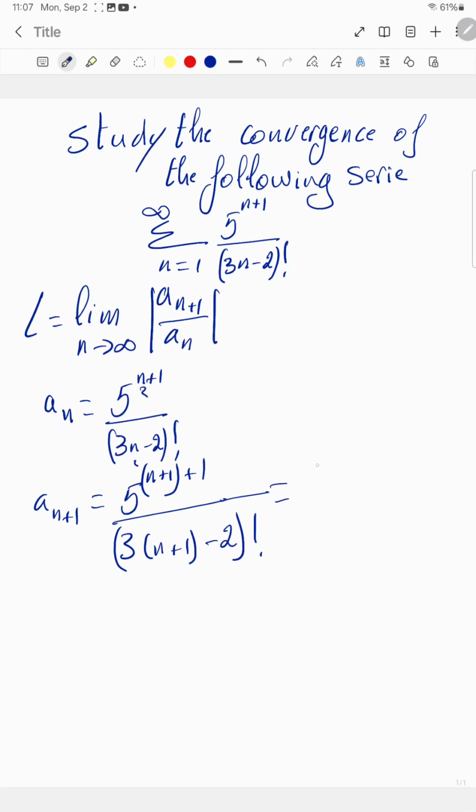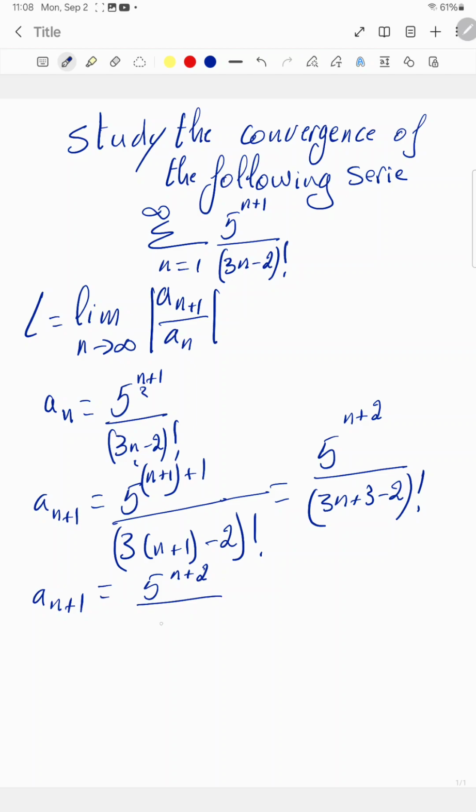So a(n+1) becomes 5 to the power n plus 2 divided by (3n plus 3 minus 2) factorial. So my a(n+1) would be equal to 5 to the power n plus 2 divided by (3n plus 1) factorial.